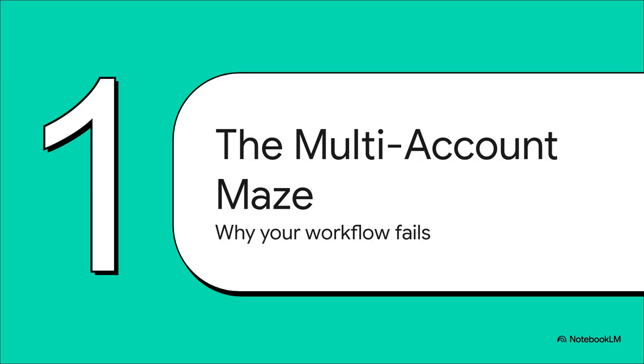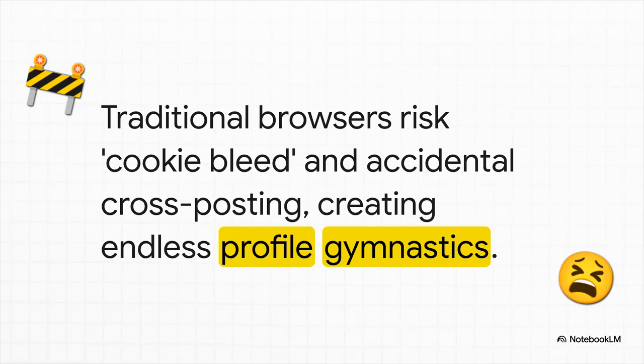So let's really get into this multi-account maze and pinpoint exactly why the way you're probably working right now just doesn't scale. It's actually holding you back. The honest truth is, with regular browsers, you hit a hard ceiling on how efficient you can be. You're fighting things like cookie bleed, where the digital footprints from one account get all mixed up with another, and the platforms have no idea who you are.